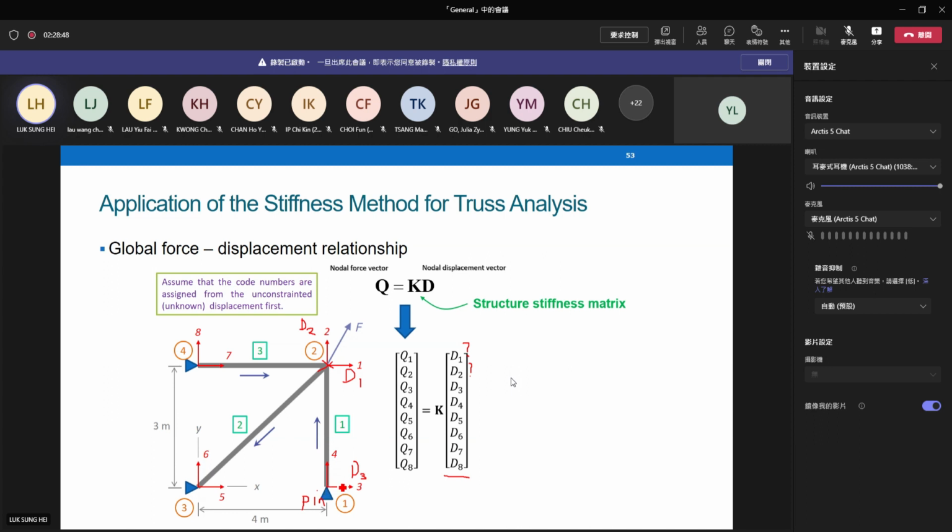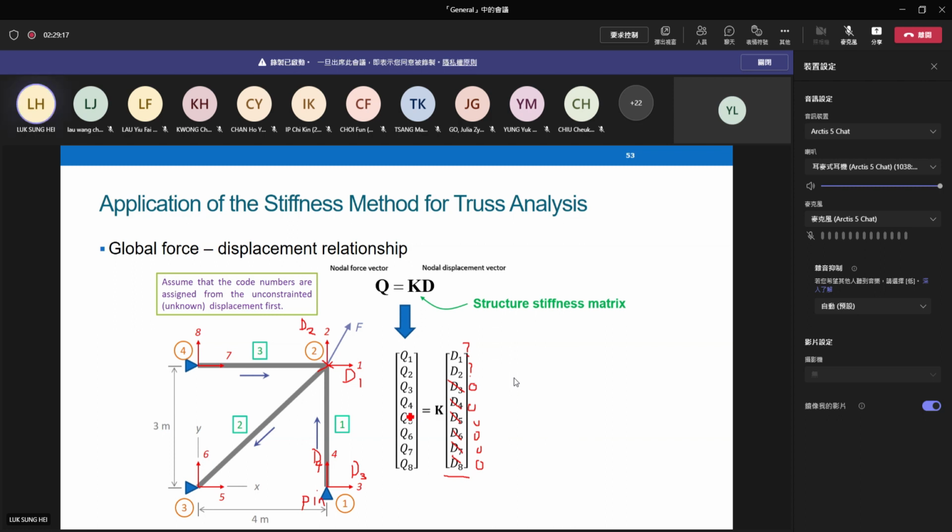Pin support gives us 0 horizontal movement. So the exact value of D3 is 0. D4, 0. Then the remaining 4 are all 0. Right? 0, 0, 0, 0. So don't be scared by the notation. Actually, quite a lot of them are well-defined along our displacement vector.